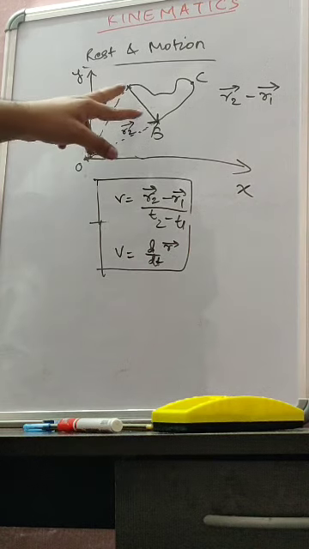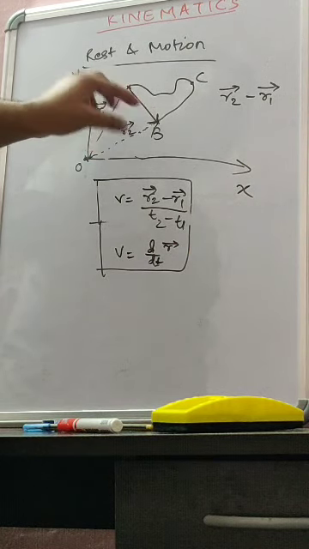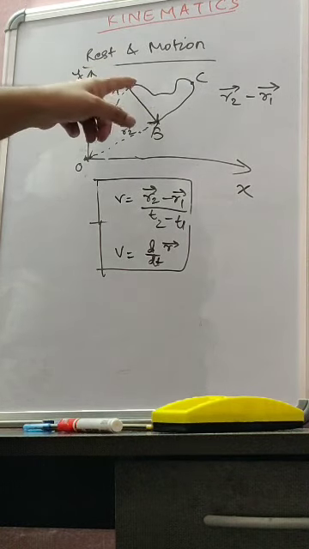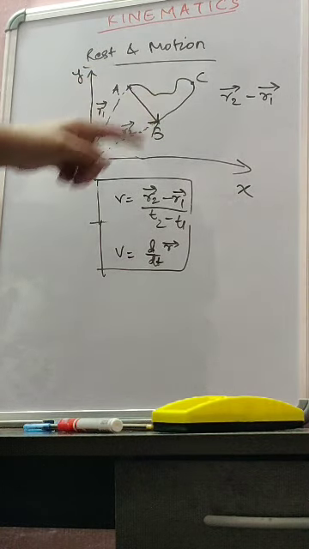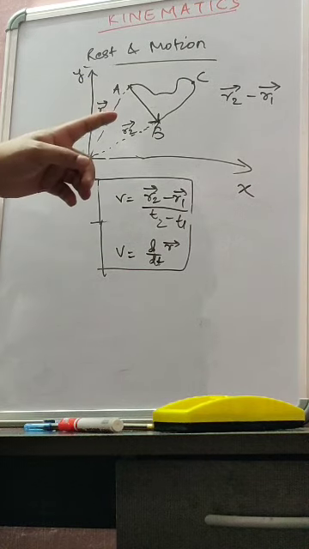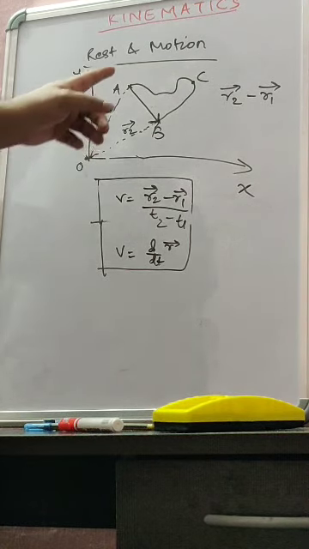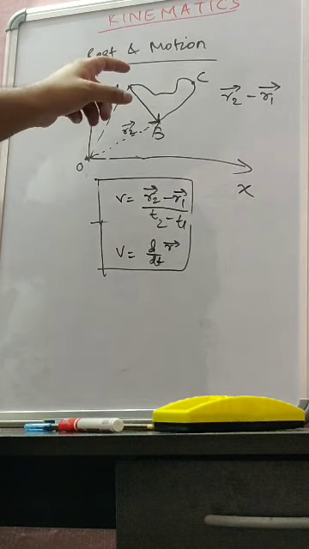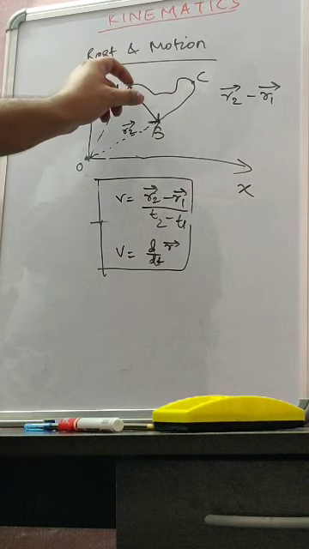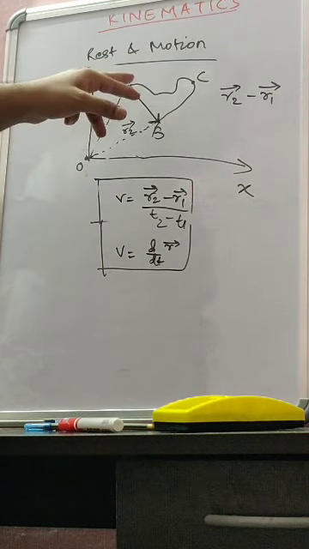Because for average velocity we are considering only this much length, but for average speed we are considering this whole length. But for instantaneous speed, this will be approximately the same.